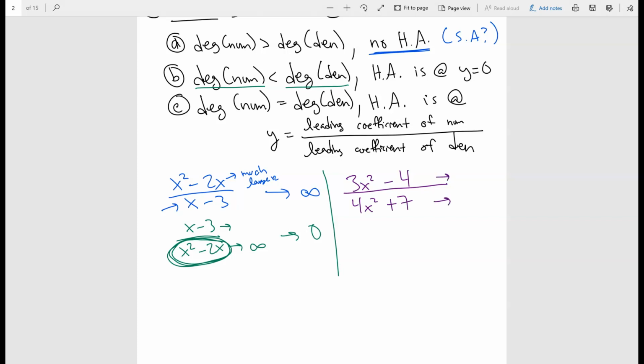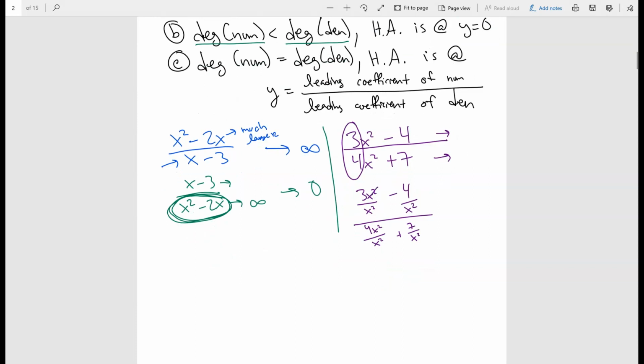However, you will see that they're going to level off at this particular ratio. Okay, a really quick way to do it is to divide everything by the highest power. Notice that the highest power in this case is x squared, or x squared over x squared plus 7 over x squared. You can kind of see that these are going to cancel out and level off.